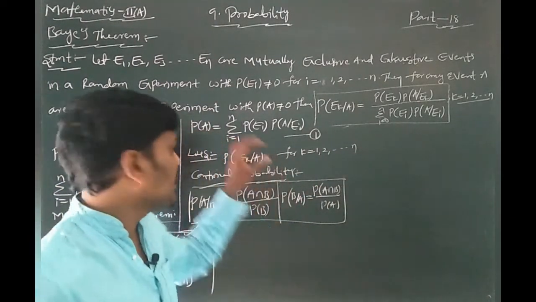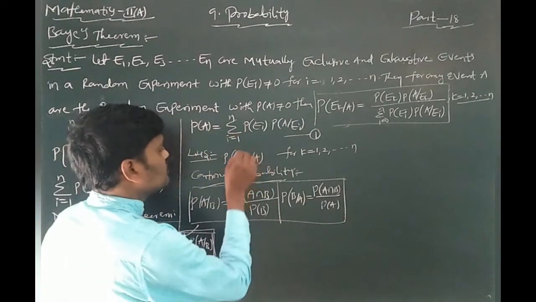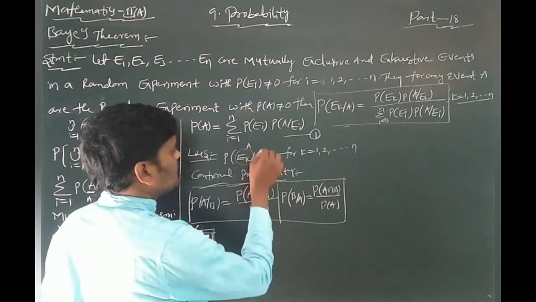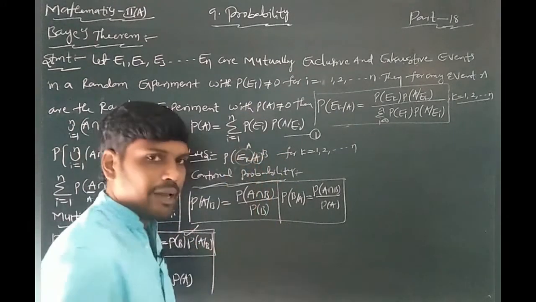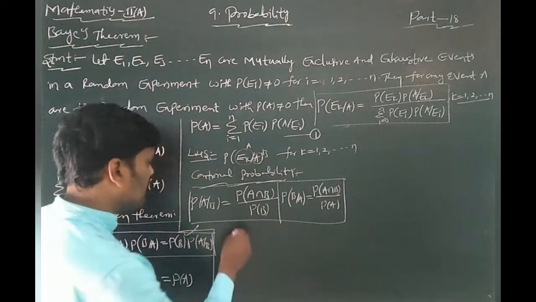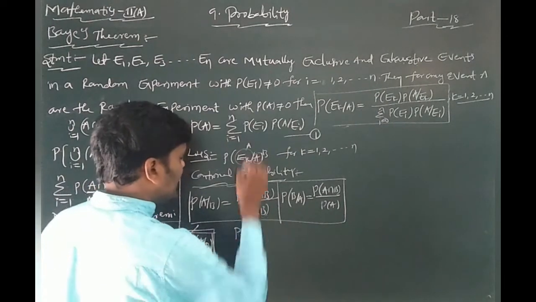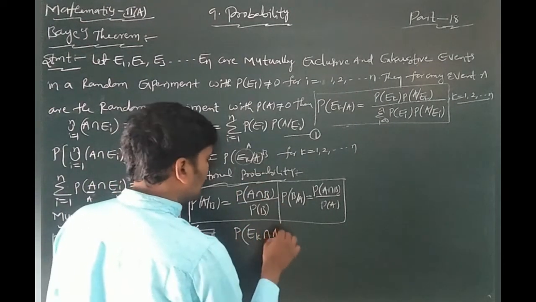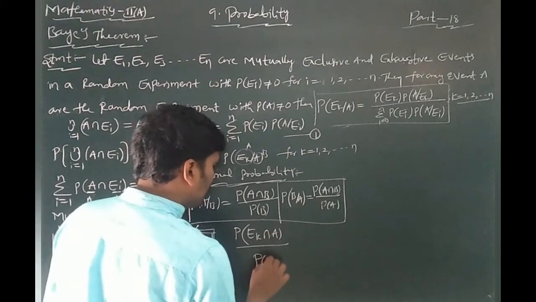Here, suppose this one is A and this one is B, use the P of A by B formula. P of A by B is P of A, which is E_K, intersection B, which is A, by P of A.